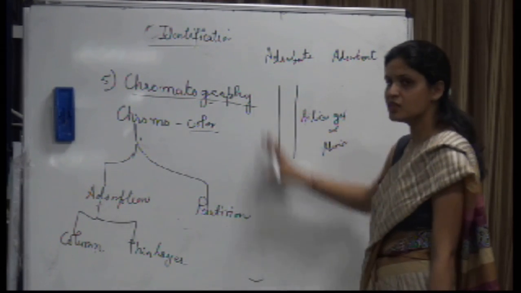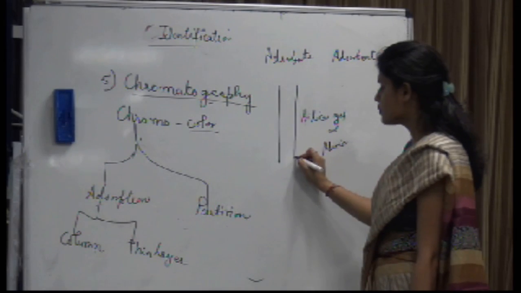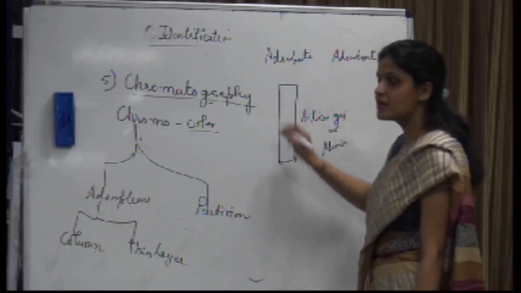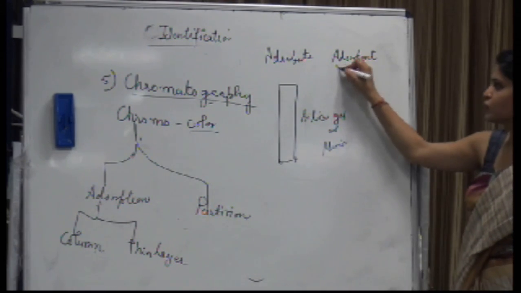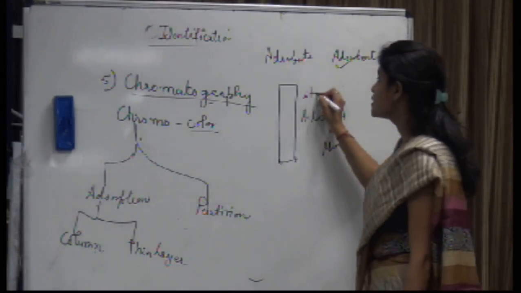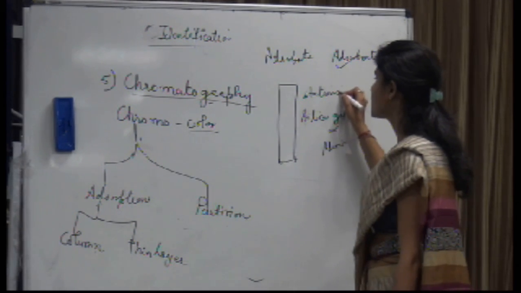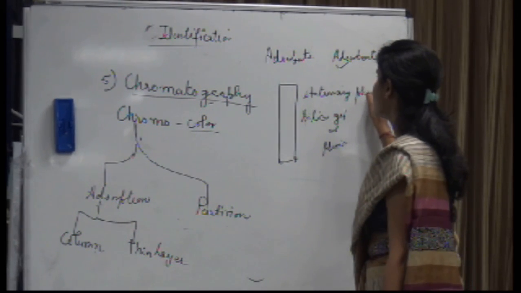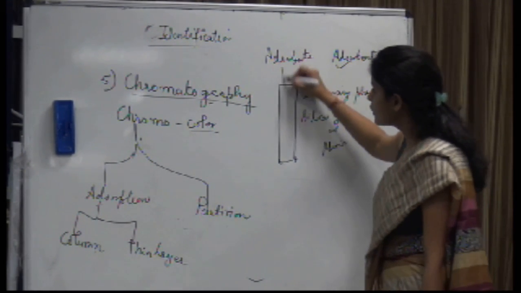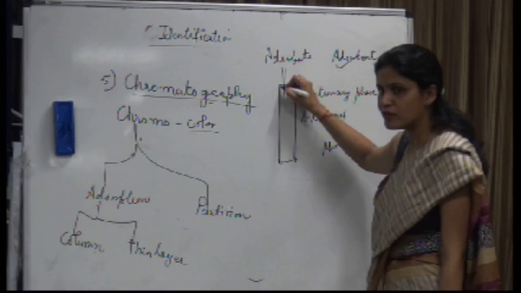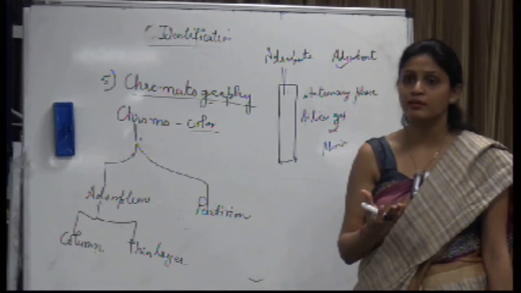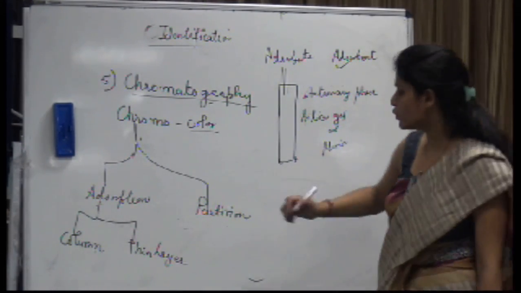You will take a sheet or a layer of adsorbent, and this is known as the adsorbent. This is known as the stationary phase, because this is unmovable, this does not move. While the one which I run through it, any solvent which I run through it, in your case you have taken water, is the moving phase. What did you do?